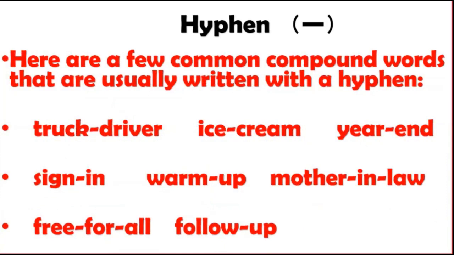Here are more examples. Truck driver, ice cream, sign-in. Sign-in is the most current word we use. Warm-up, mother-in-law, free-for-all. You can see hyphen over here. Mind well, hyphen is the shortest line.